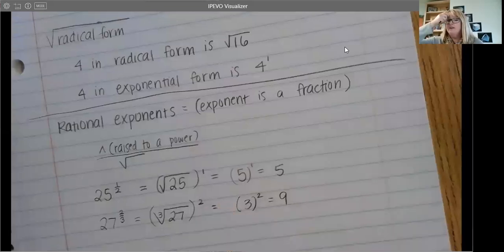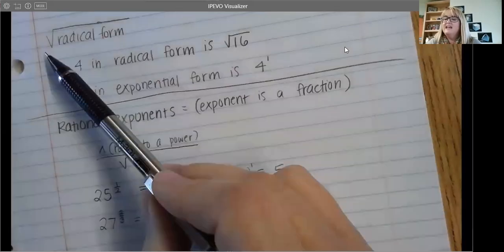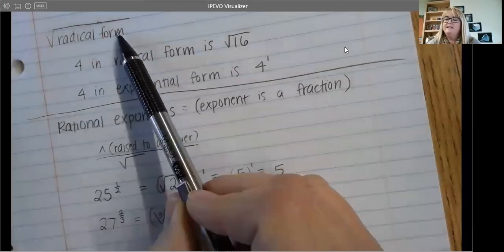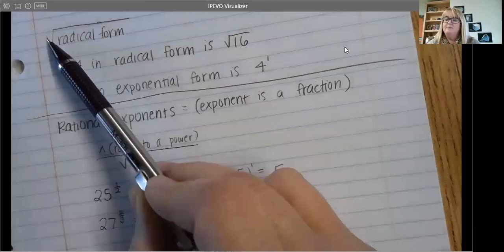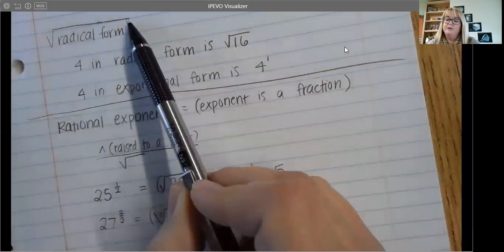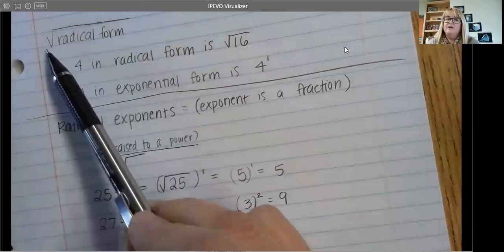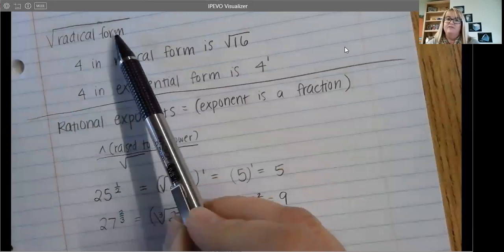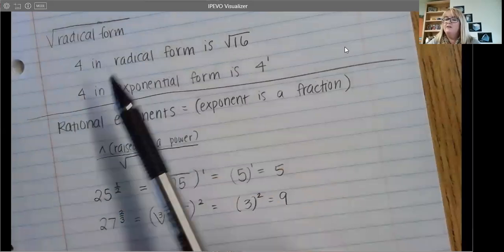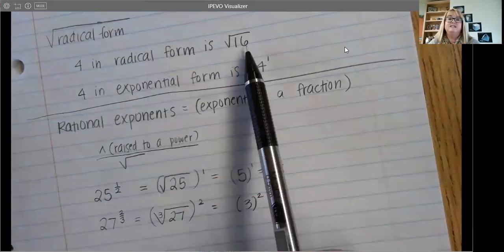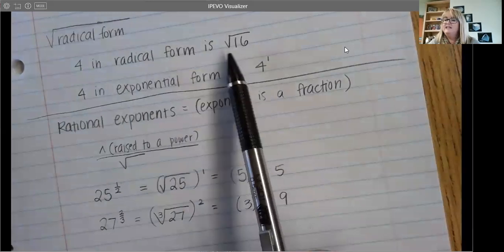Anyway, a couple of things I wanted to go over with you is that radical form means in the root, square root, cube root, but under the root sign. So any number under the root sign is called radical form. So 4 in radical form is the square root of 16 because the square root of 16 is 4.